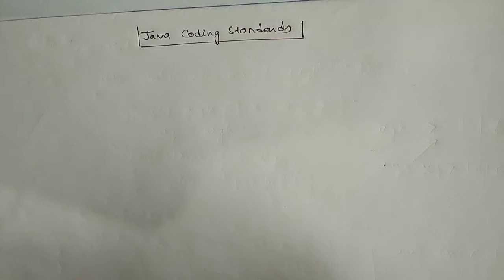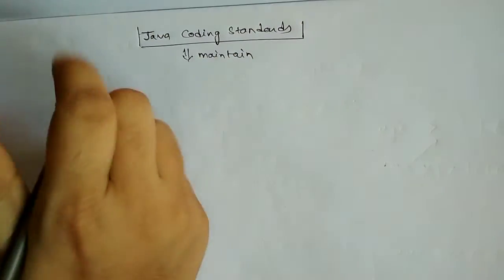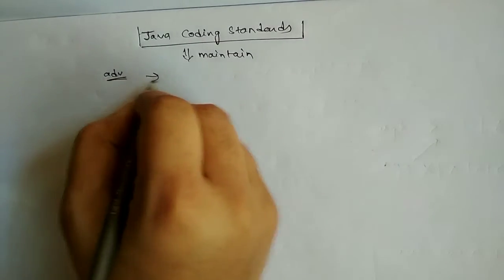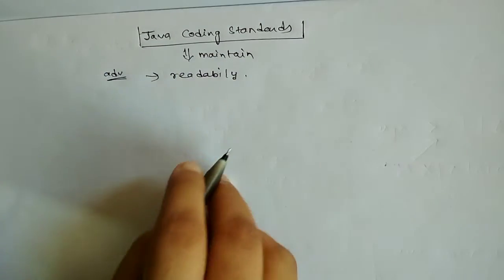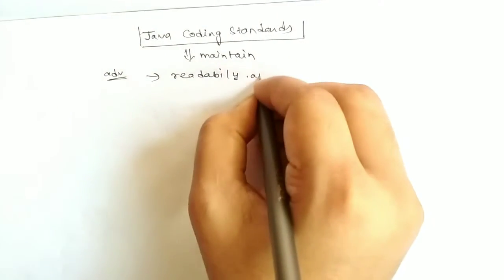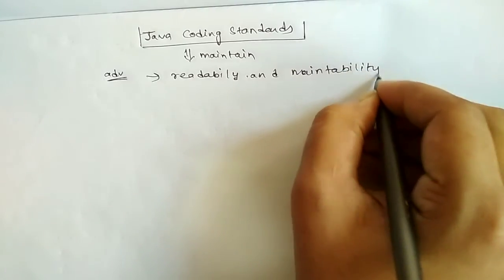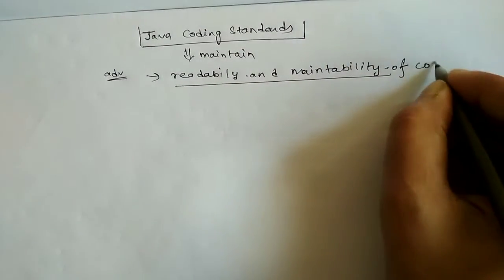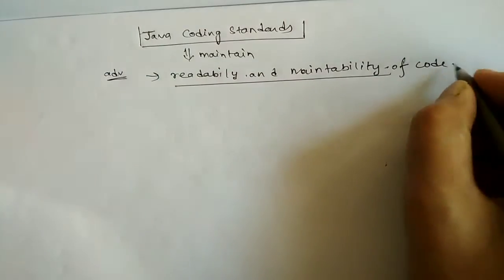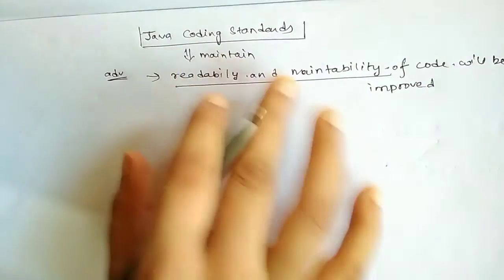So what is the main advantage of maintaining the Java coding standard?